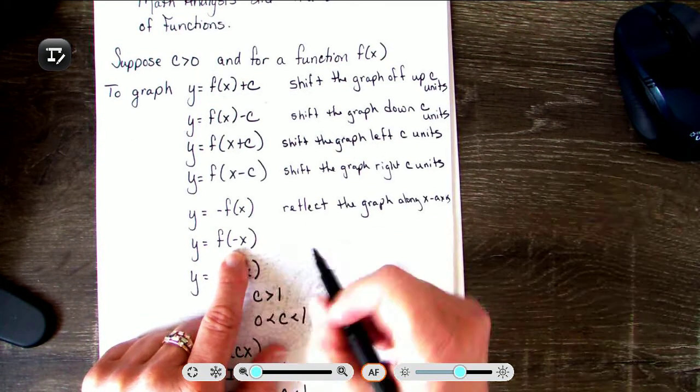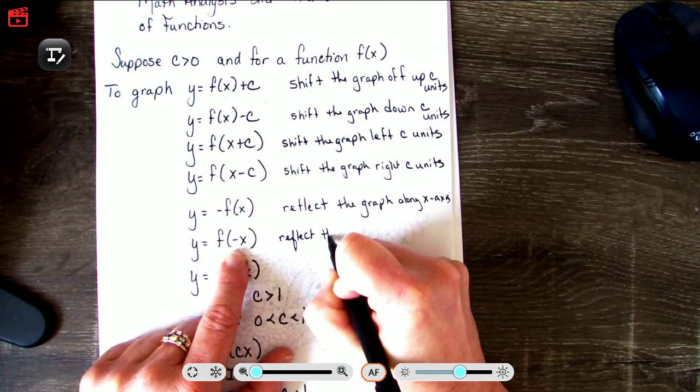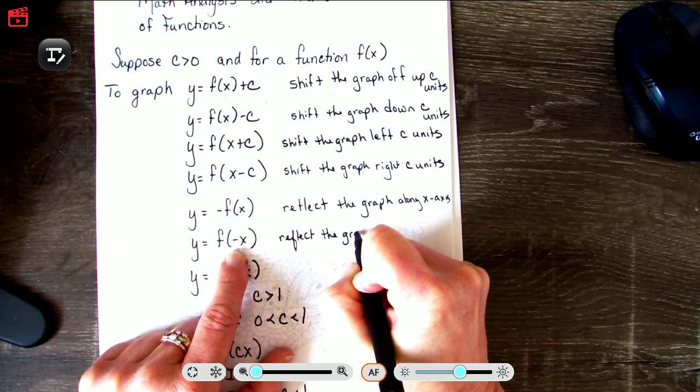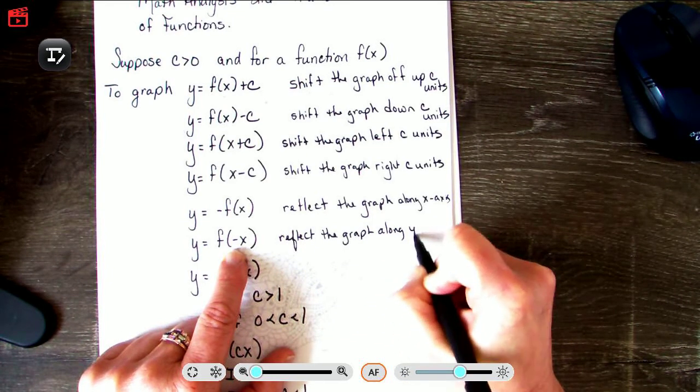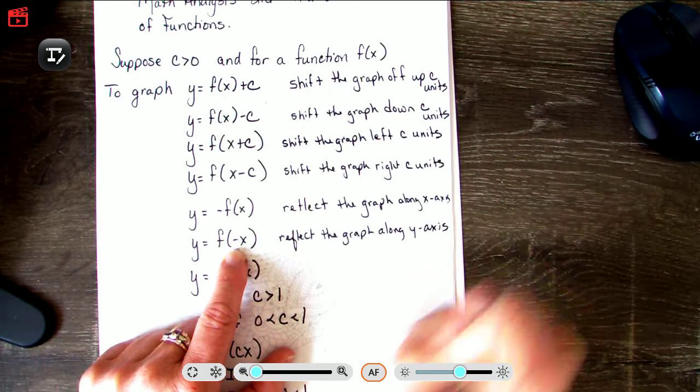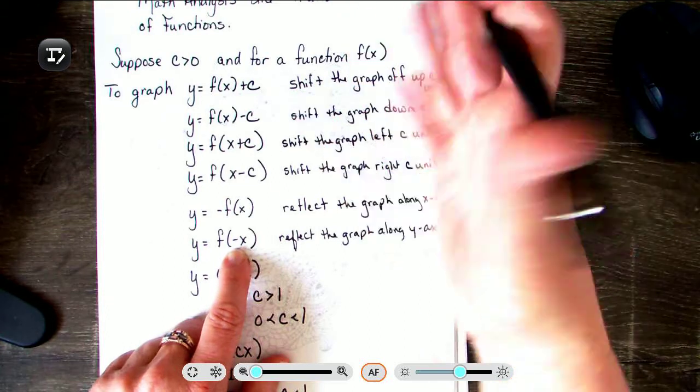This negative on the inside will reflect the graph along the y-axis. So it's going to flip it this way, that way.